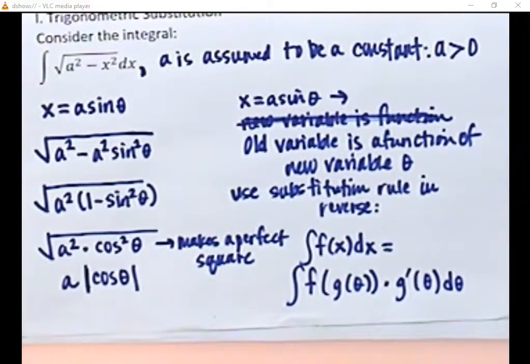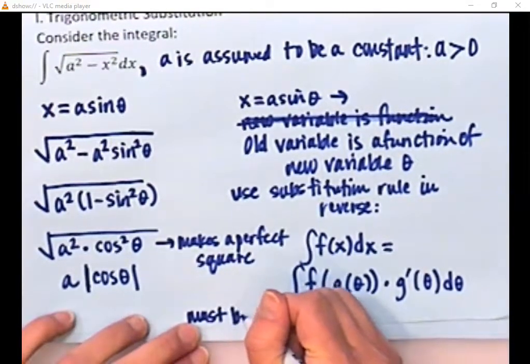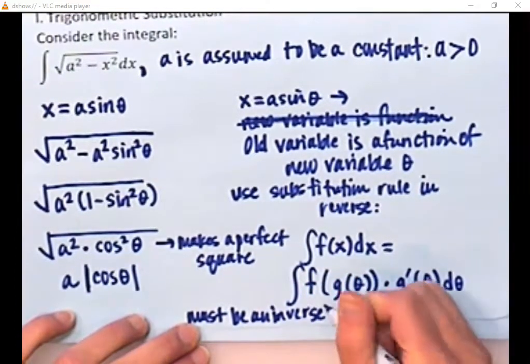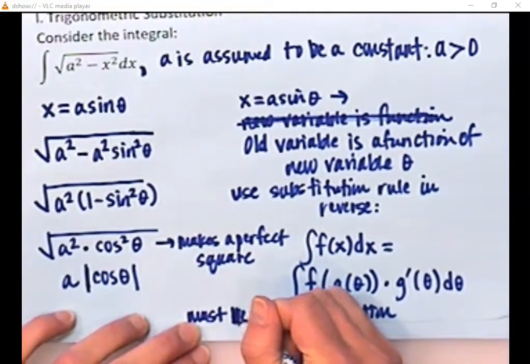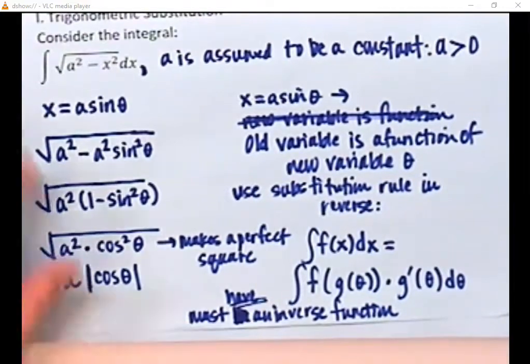And does anyone remember the test you would use to test if something has an inverse function? Anyone remember that? What is it? A one-to-one function, right? So it must have an inverse function.